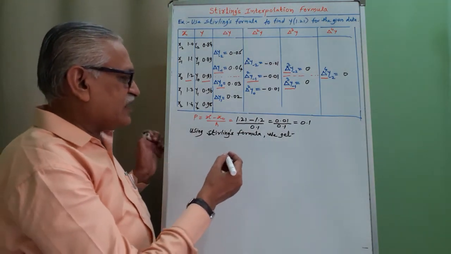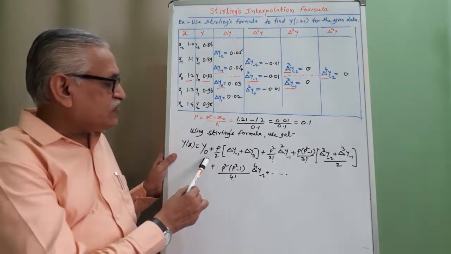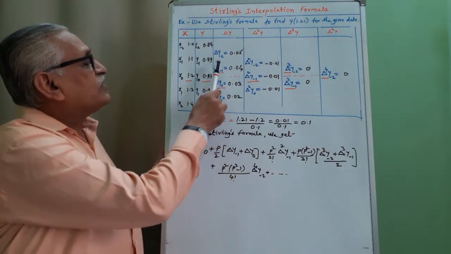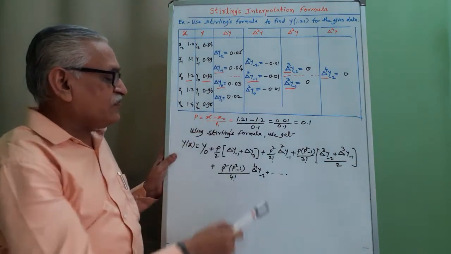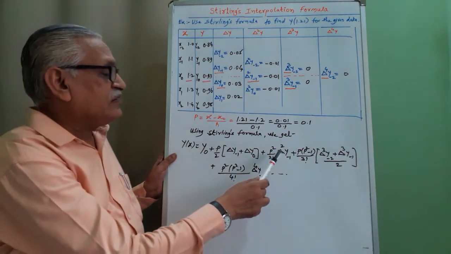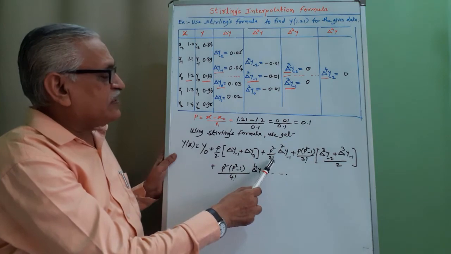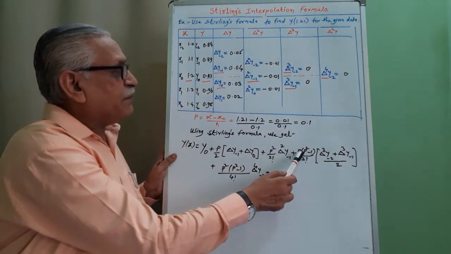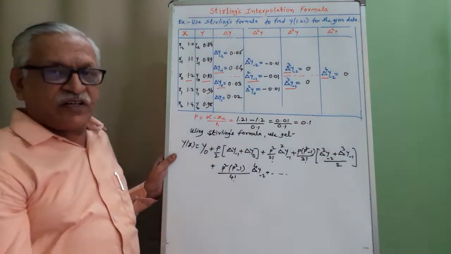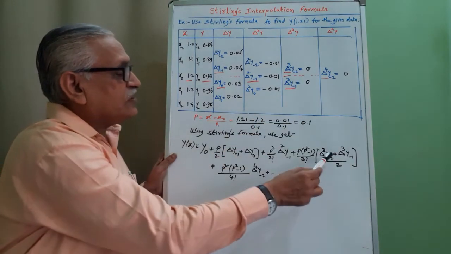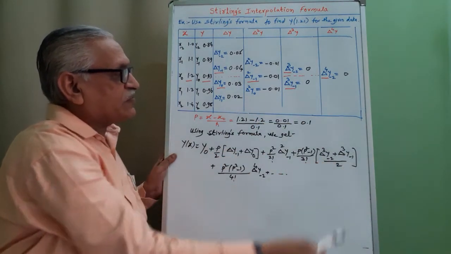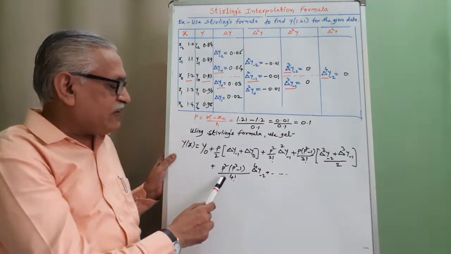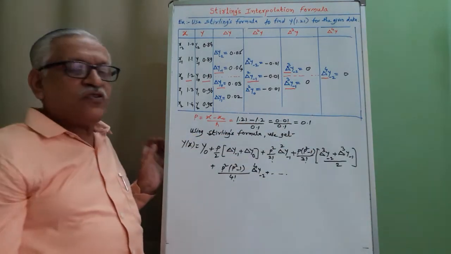And then applying Stirling's formula, we get y0 plus p by 2, average of these two, del y minus 1 and del y0, then p square by 2 factorial into del square y minus 1. Next one is p square minus 1 divided by 3 factorial, average of these two values, del cube y minus 2 plus del cube y minus 1, and lastly p square minus 1 divided by 4 factorial into this del raised to 4 y minus 2.